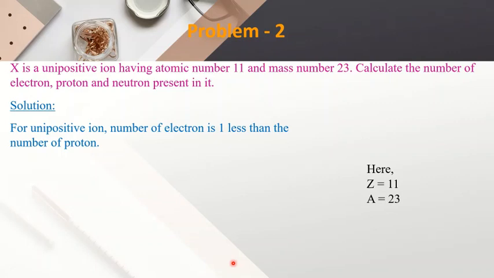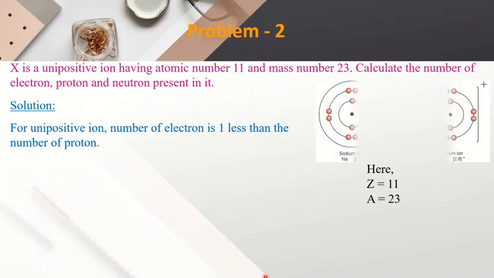So it has less negative. How many less negative? Unipositive, 1 positive ion. It has 1 negative charge less than its positive charge. So it becomes unipositive ion.